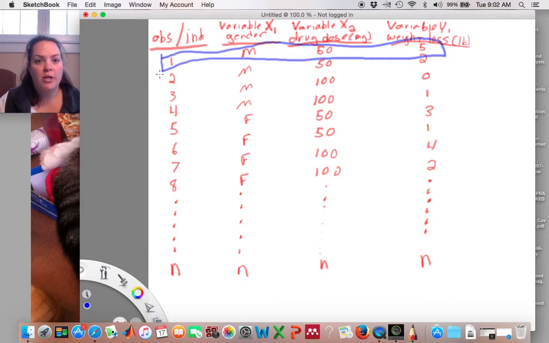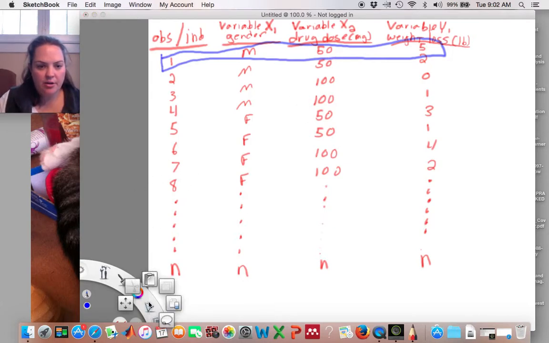So for this first individual, we have their gender, which is our first independent variable. We have the drug dose they were administered, which is their second independent variable. And we also have their resulting weight loss, which is their dependent variable. So this would be our data set.